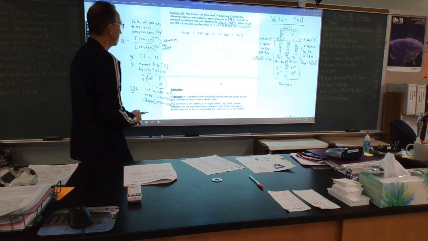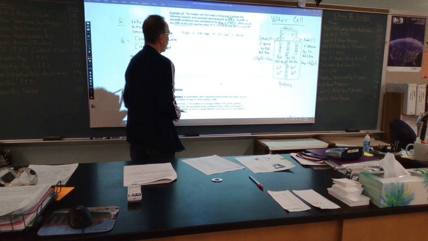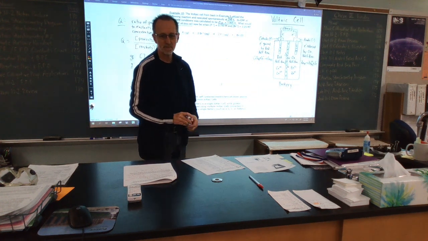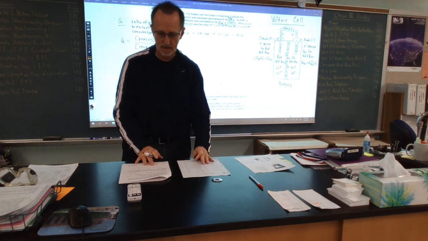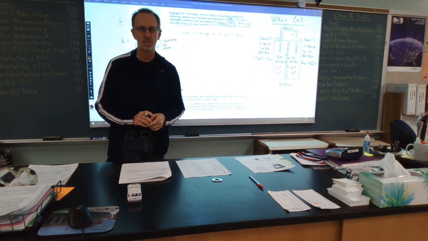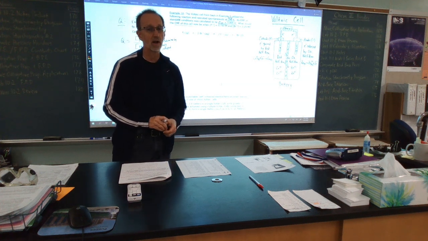Okay. What would the EMF of this cell now be when the concentrations are now 0.750 for fluoride and 2.25 molar for bromide? Remember, at standard conditions, those two concentrations would both be 1.0 molar. All right. Now they are not.